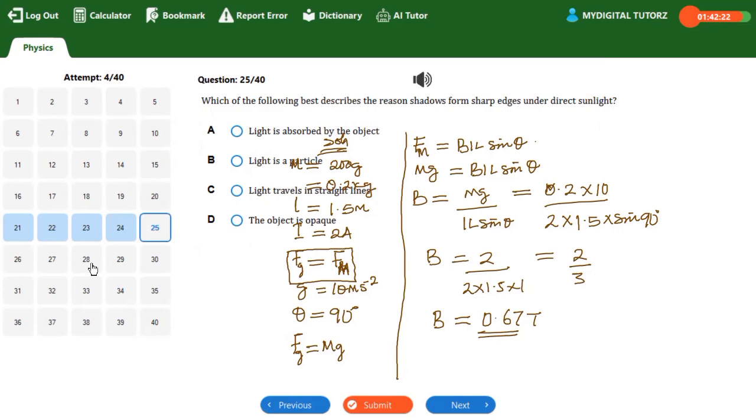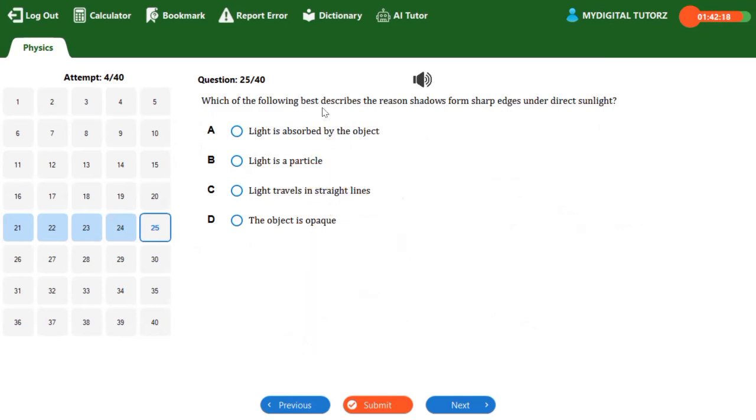Moving on to question 25. Question 25 says, which of the following best describes the reason shadows form sharp edges under direct sunlight? This is under rectilinear propagation of light. Light is absorbed by the object. Light is a particle. Light travels in a straight line.